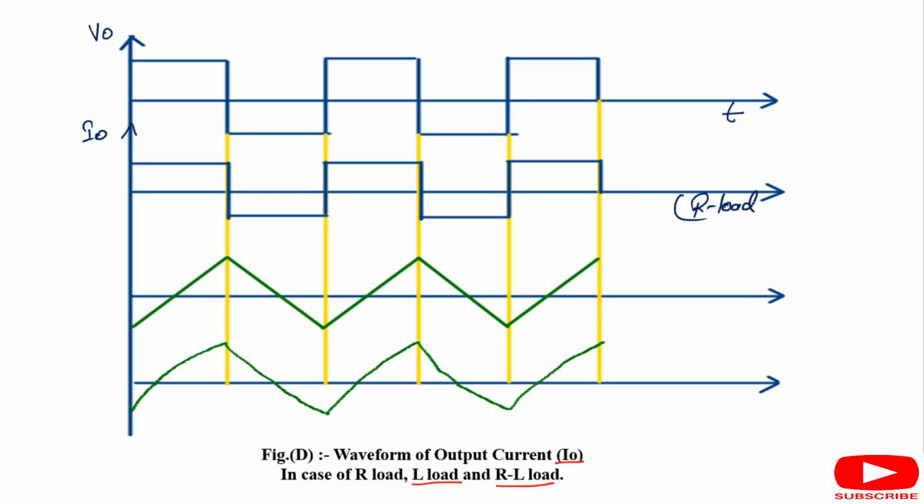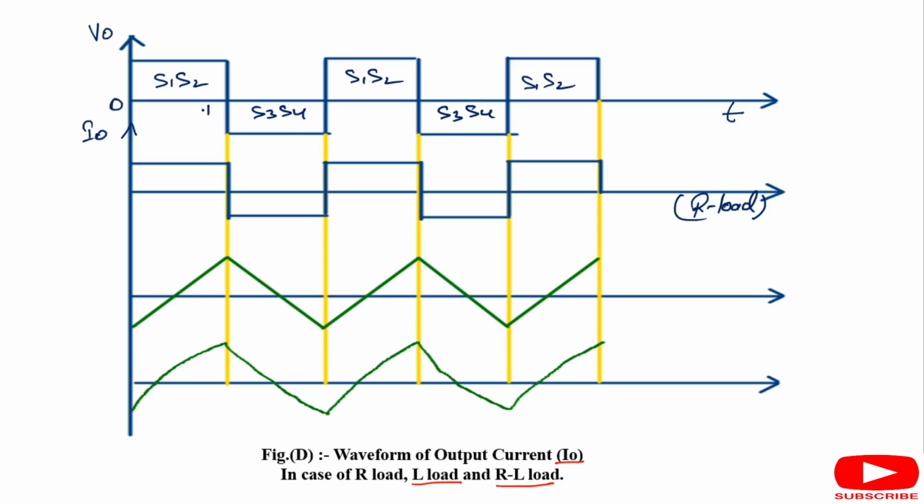I have already explained this earlier. So here again I will plot the waveform of the output voltage and output current in case of purely resistive load, for switching operation of S1, S2, S3, S4, S1, S2, S3, S4, S1, S2 like this.